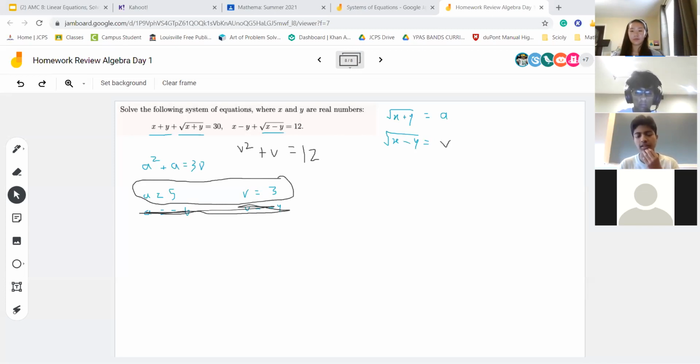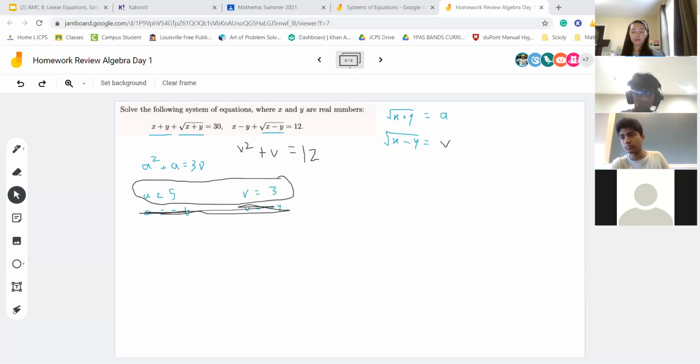Yeah, Advika, you can explain. Essentially what we're doing is getting x plus y equals 25 and x minus y equals 9, and then solving that system of equations. You can write on the Jamboard, you can unmute, you can do whatever you like.